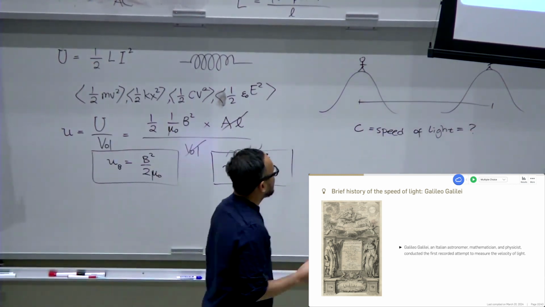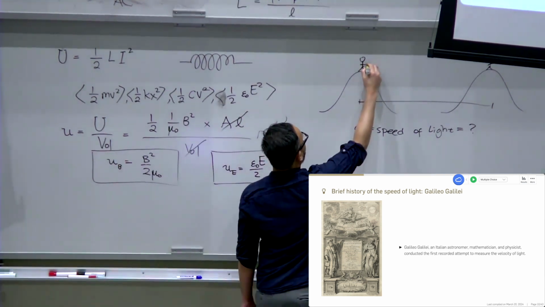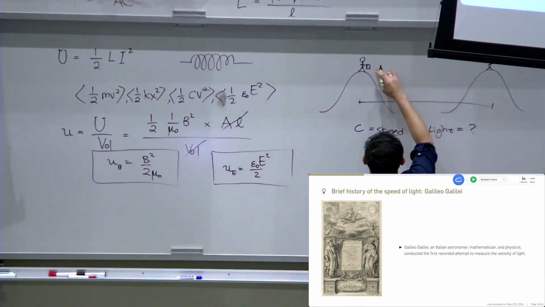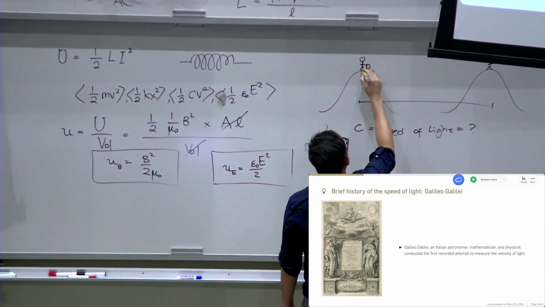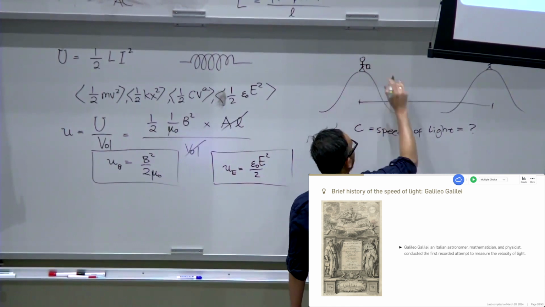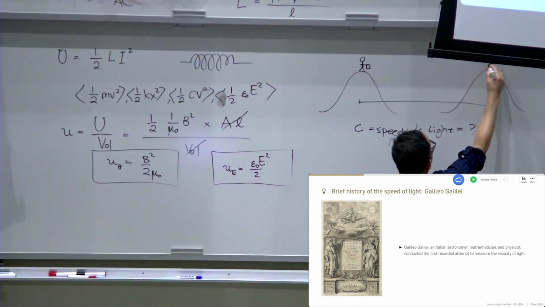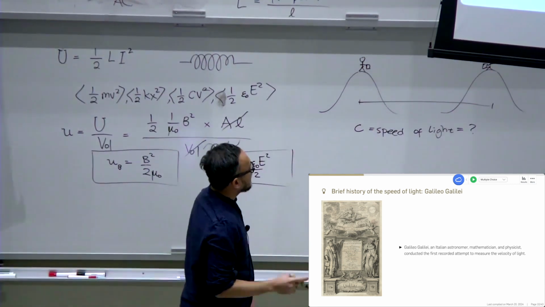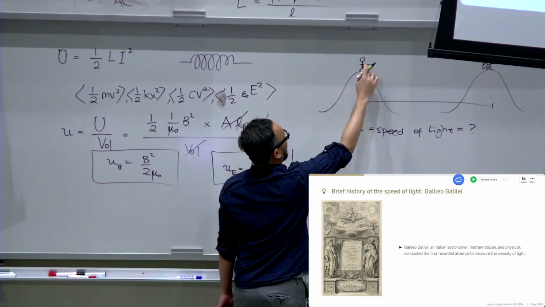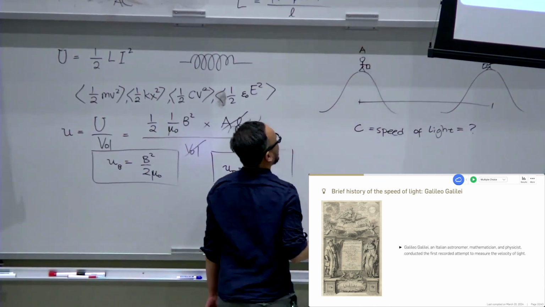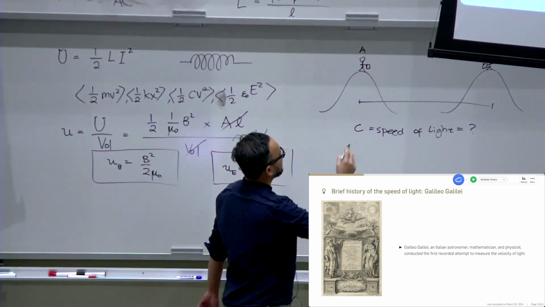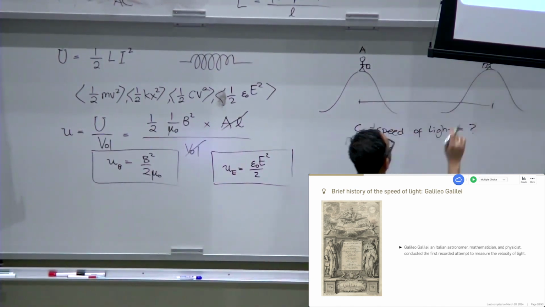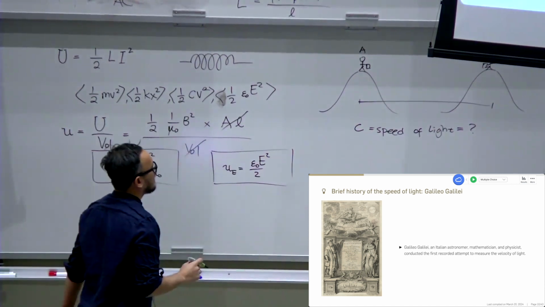So what they did is one has a lantern, and the plan is if one opens a lantern, after the second person sees the lantern, he will also open his lantern. After person A opens a lantern, he counts time until he sees light from the other hill.